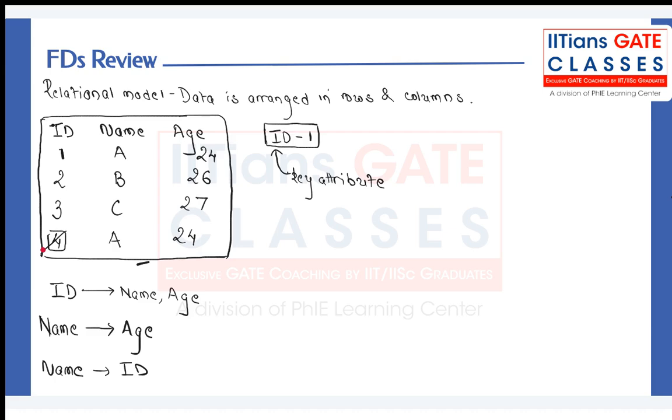Yes? Okay. Now, can I say that the name can give me the ID as well as the age? Assume the fourth row is not there. Can I say that the name can give me a unique ID and an age? So, can I say that name is also a key attribute?